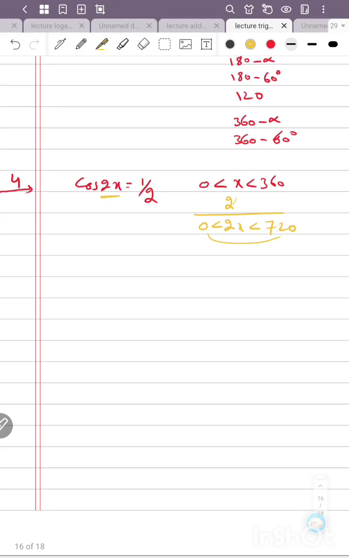Now how to deal with this one? We write alpha equals cos inverse of 1 by 2. Now alpha, we get the answer 60 degrees. It's very simple.